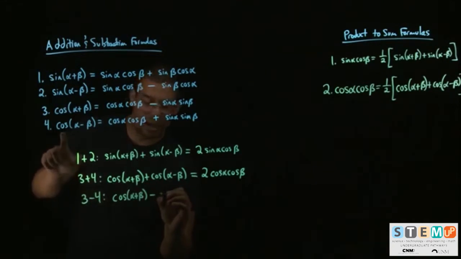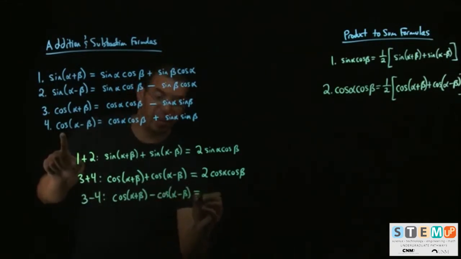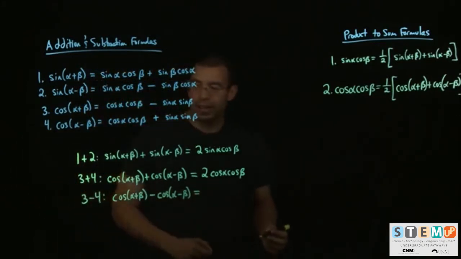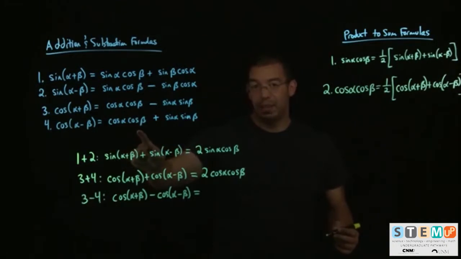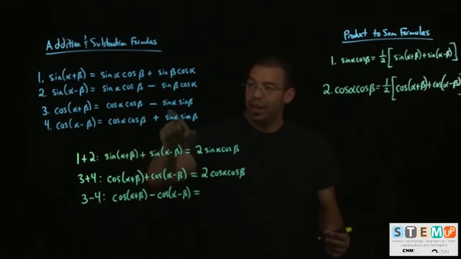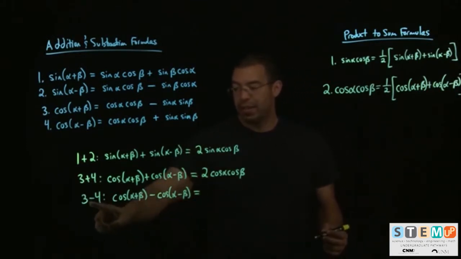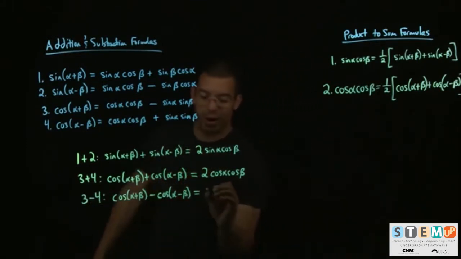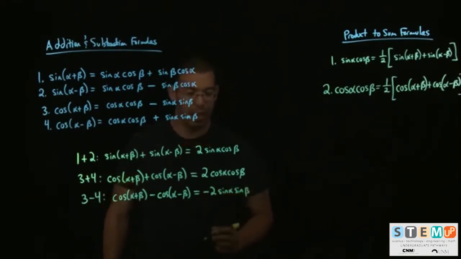So this is going to be minus cosine of alpha minus beta on the left-hand side of the equation. On the right-hand side, I have cosine alpha cosine beta minus the same thing, so those cancel. And then I'll have negative sine alpha sine beta minus sine alpha sine beta. So I have minus 2 sine of alpha sine of beta.